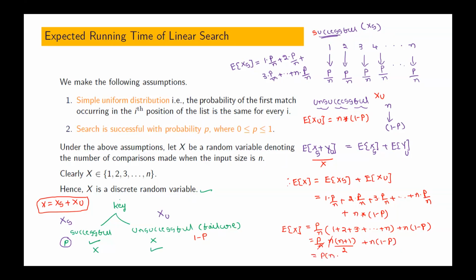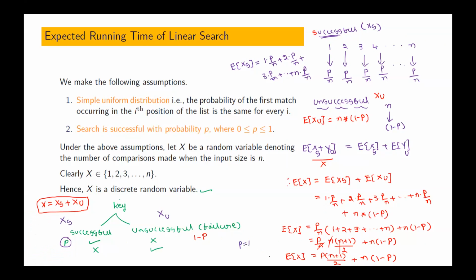P into n plus 1 by 2, plus n into 1 minus P. This is expectation of X: expected number of comparisons in linear search with success probability P. Now, what have we calculated? Assuming that P equal to 1.